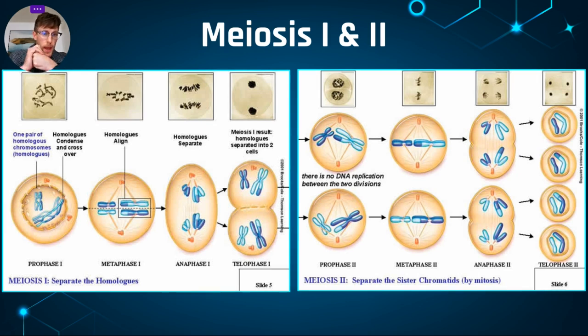So what happens is we have just a normal cell, or a cell that is going to undergo meiosis, so a sex cell, and what tends to happen there is we get the DNA replicating in interphase as per normal. But we also undergo a process of crossing over, which we don't actually see in mitosis.